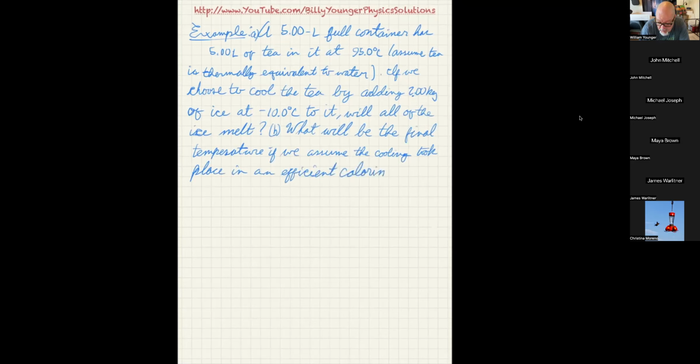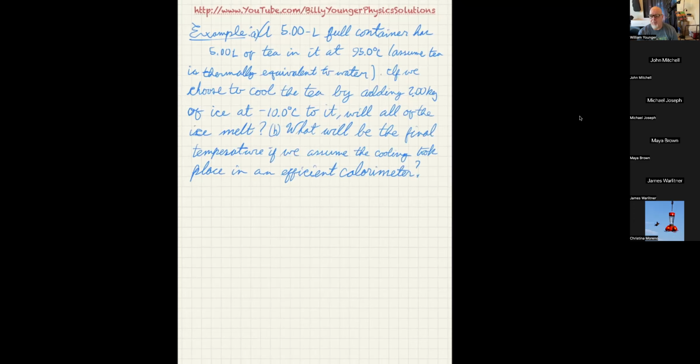So in other words, we're going to assume it's sort of like what we did in lab, which is we had a container, and that container had been used in such a way that it minimizes the loss of heat to the surroundings and stuff of that sort, and also minimizes the amount of heat that could come in from the surroundings. So we're going to assume that's 100% efficient.